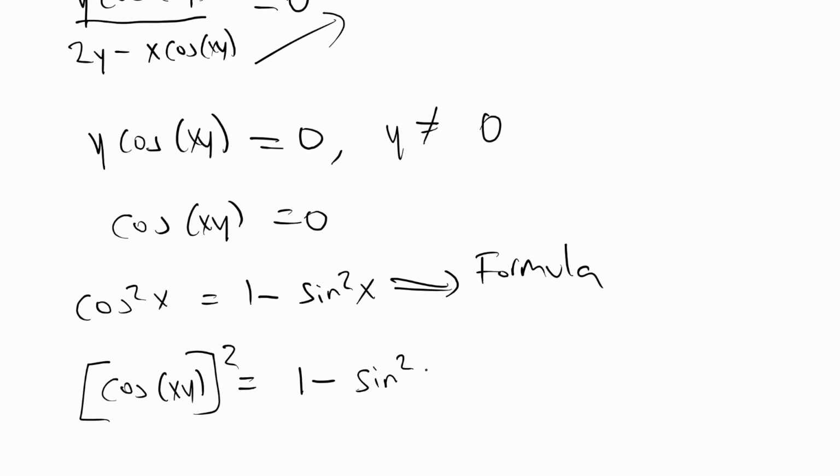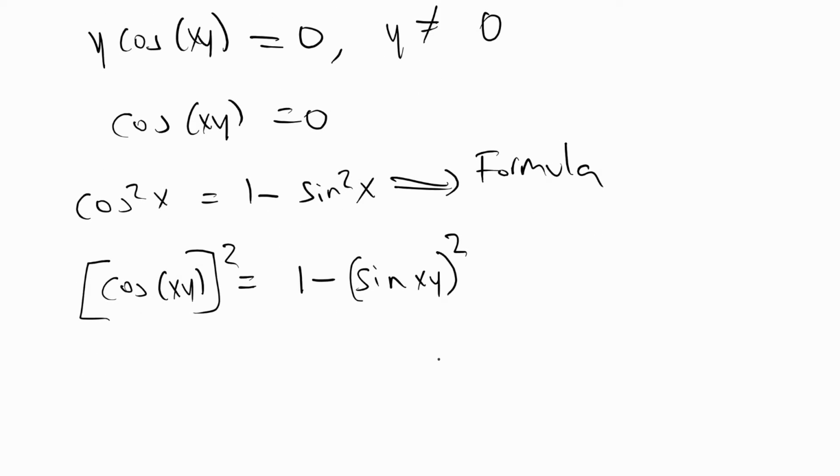Or let me keep it consistent, sine of xy, whole square. Okay, so what do I know? I know that cos of xy is just 0, so 0 square is 0. 0 is equal to 1 minus sine of xy whole square.